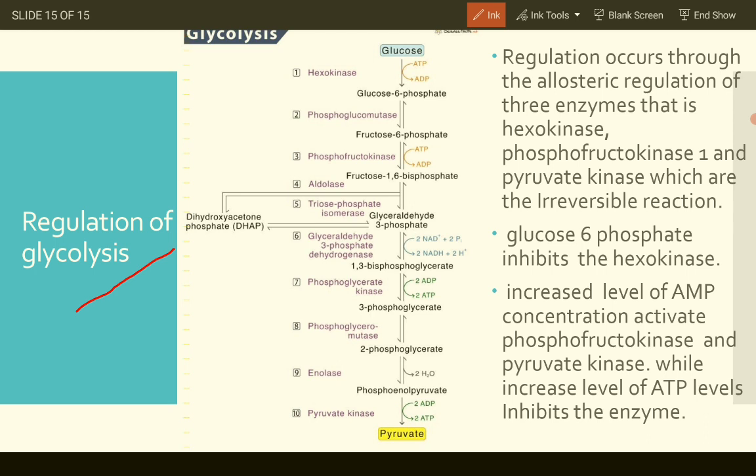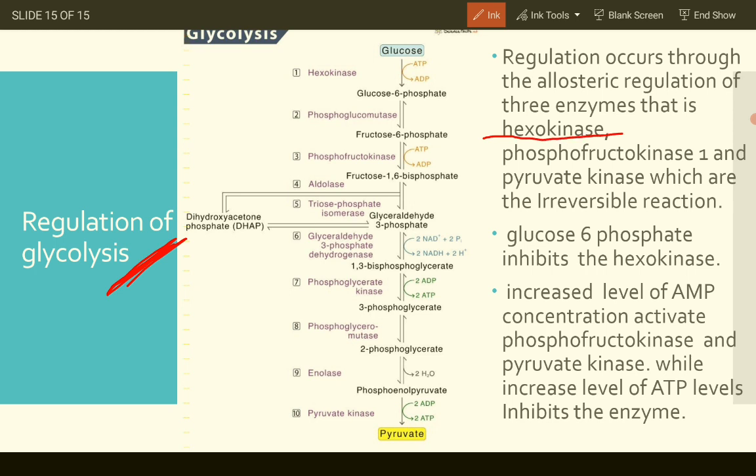Allosteric enzymes are generally those enzymes which function in non-reversible reactions, right? All those reversible reactions like this are generally not allosteric reactions, right?